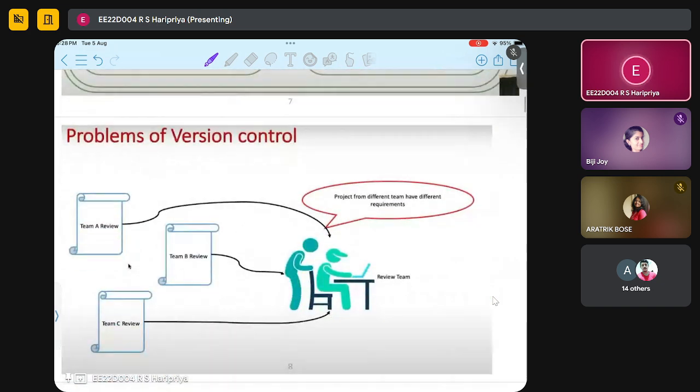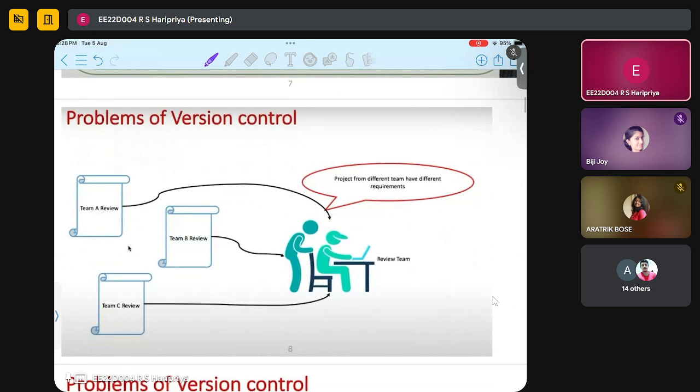So this is the problem of version control. Say these three project teams are reviewed by a review team. There are teams A, B, and C. All three teams are submitting their code for testing. These projects are from different teams, so they will have different requirements.